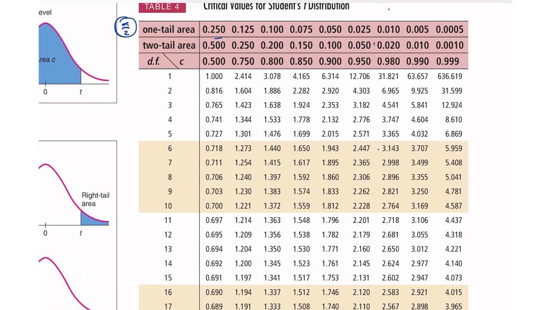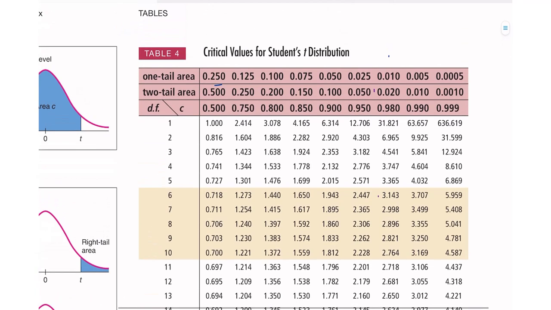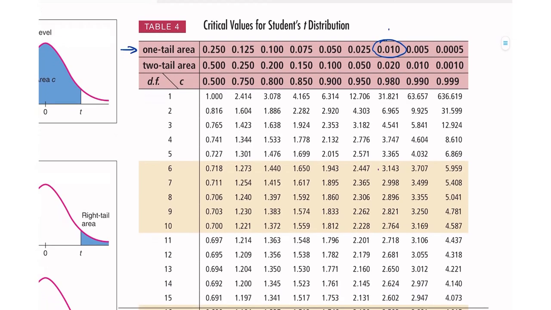All right. So I want alpha, and that is still, in this case, my one-tailed area, because again, I told you that all my formulas have one-tailed, and we wanted 0.01. So there's 0.01. And we want 15 degrees of freedom, which is down here.